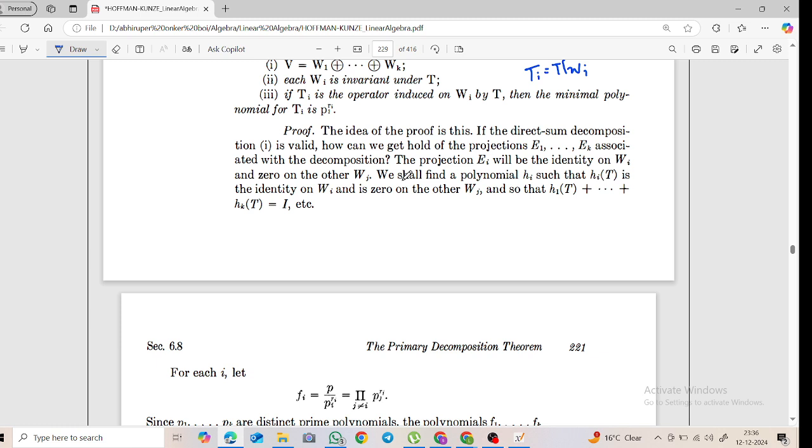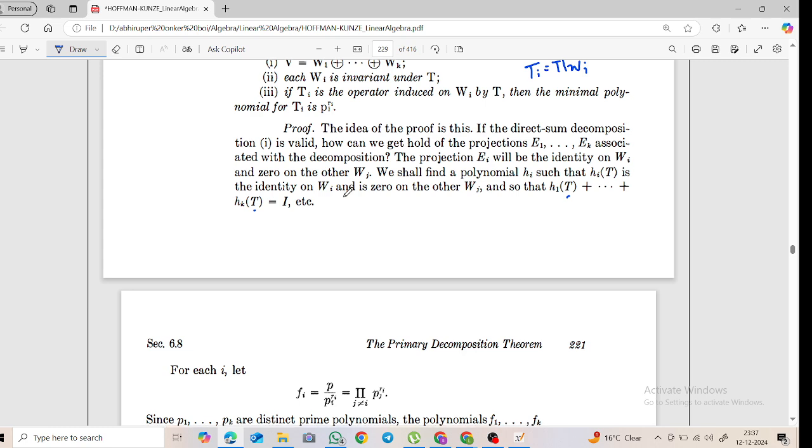Ei is our projection. The projection Ei will be identity on Wi and 0 on the other Wj. We shall find a polynomial Hi such that Hi(T) is the identity on Wi and is 0 on the other Wj, so that H1(T) plus ... plus Hk(T) is the identity. Okay, let's see what they are doing.